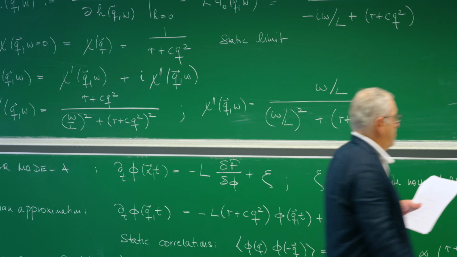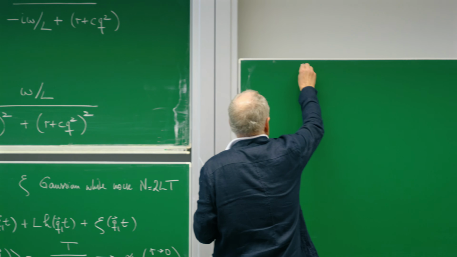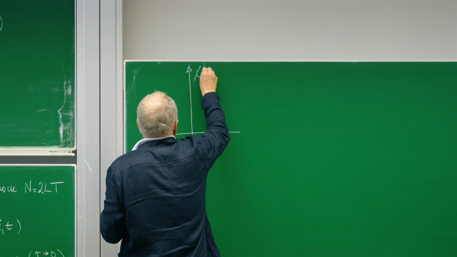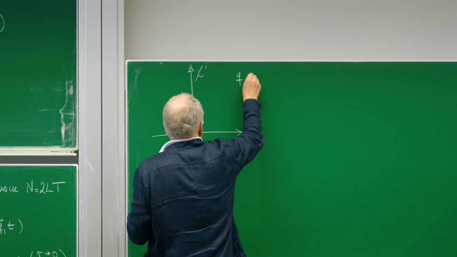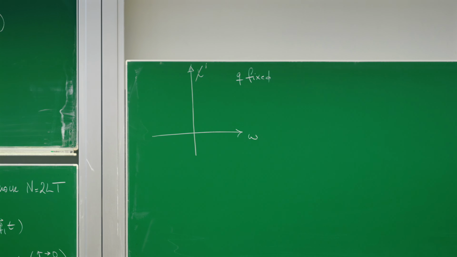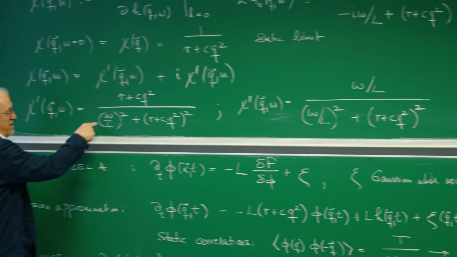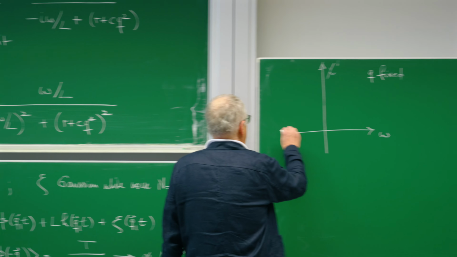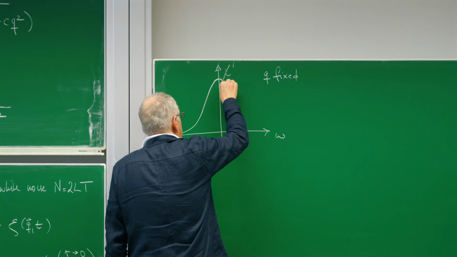Let me now draw it for you. Chi prime for a fixed q has a structure that has a certain width defined by this q-dependent part, and the omega dependence is even. So it looks something like that.